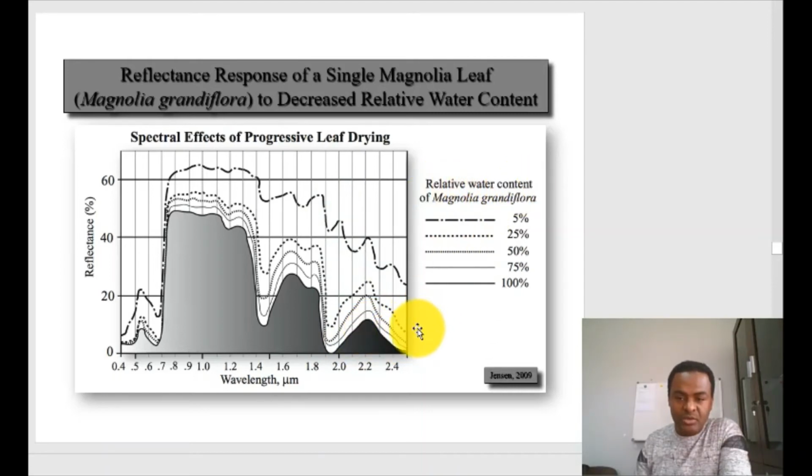Thus, increasing relative water content will show you a different reflectance curve. If there is 5%, that means less water content in the leaf, and it will cause the reflectance curve to have a higher reflected signal. So this is a dried leaf and this is a wet leaf.